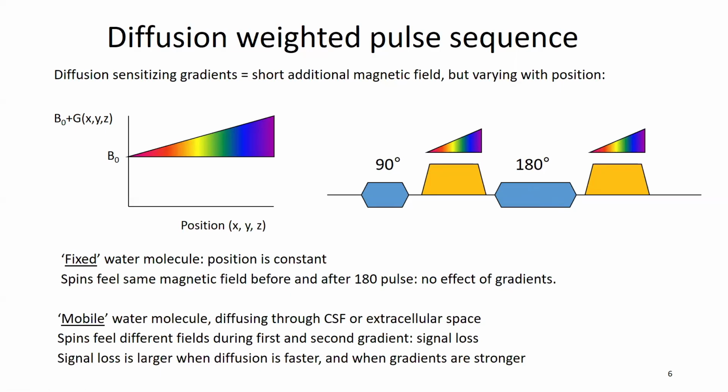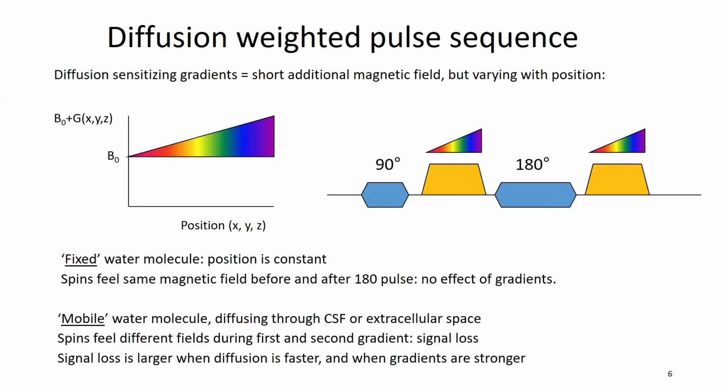Now we're getting to a mobile water molecule. This molecule moves through space during this pulse sequence. It means that maybe during this first gradient, it is at the yellow part, so it experiences a certain magnetic field, B0 plus yellow, but it's moving, and maybe in the second part it has the blue field strength.